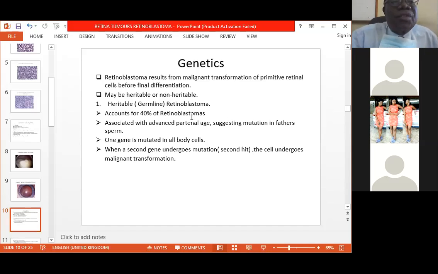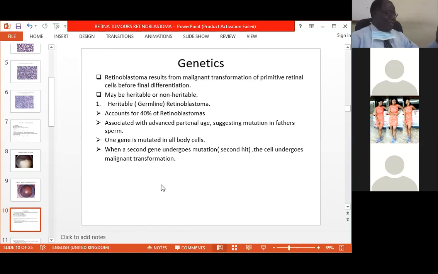This is associated with advanced paternal age, suggesting mutation in the father's sperm. One gene is mutated in all body cells, and when a second gene undergoes mutation, the cell undergoes malignant transformation. These tumors are associated with fathers who are old.